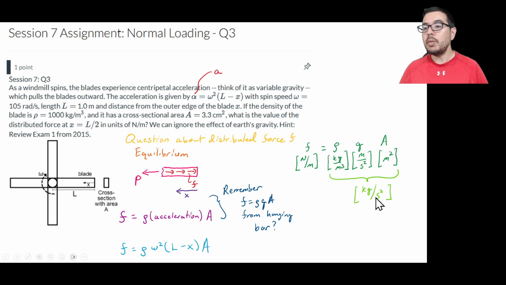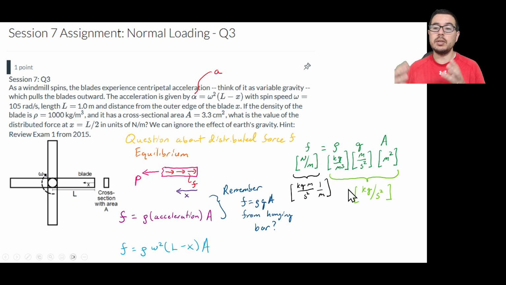So if we did that, we would have kilogram meters per second squared, and that would be the same as newtons per meter. When we look at newtons per meter here, we can see that the newtons come out to be kilogram times meters per second squared, and then we are dividing by a length, meters. And so the meters cancel out, and these two quantities are going to have the same units.